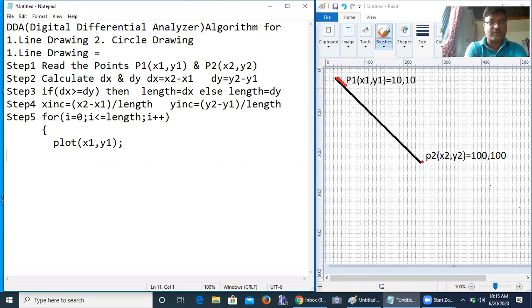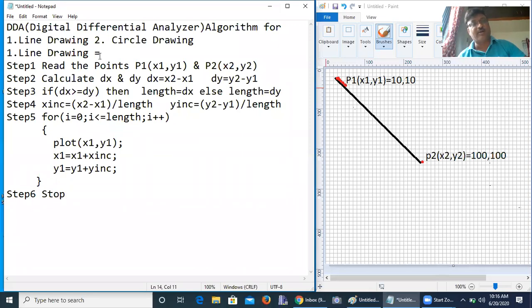Then x1 is equal to x1 plus x increment, and y1 is equal to y1 plus y increment. So you put the points like this. And then step 6 is stop.